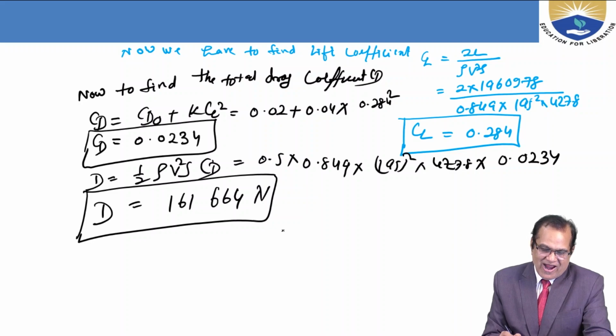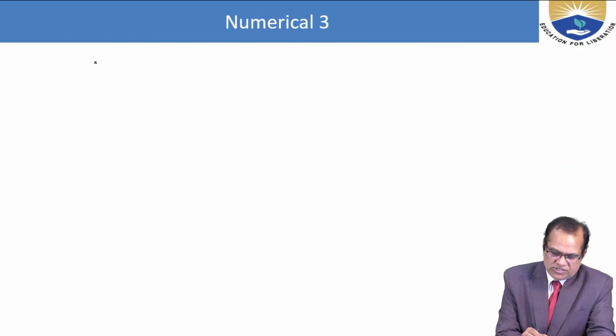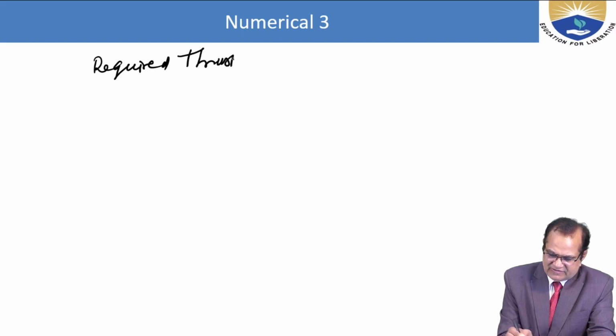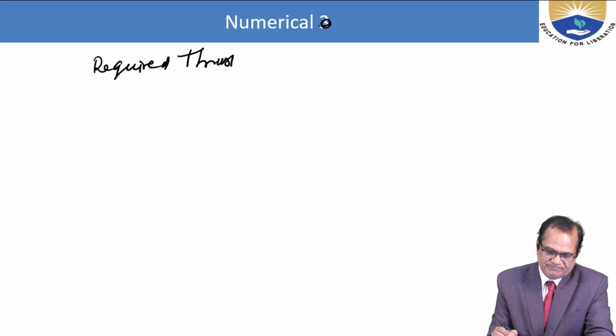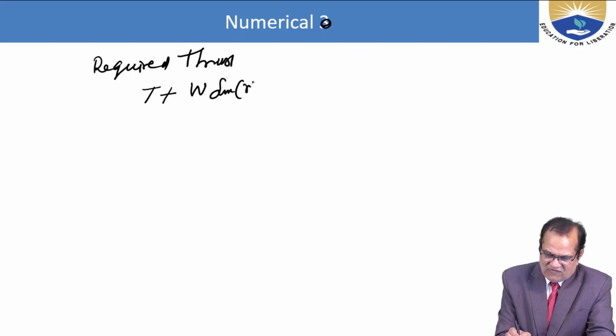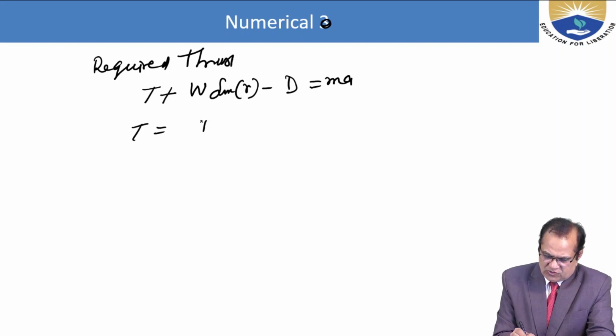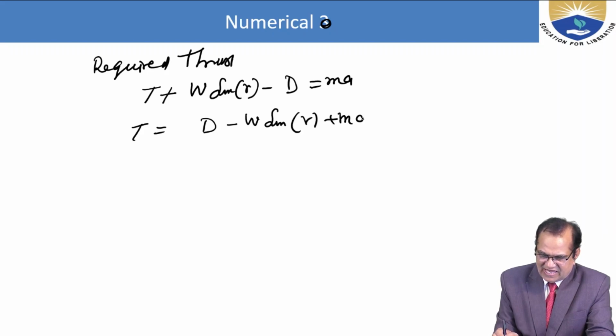Now this required thrust we have to find out. So we know that for the descent flights, T plus W sine of gamma minus D is equal to MA. So T is equal to D minus W sine gamma plus MAx in x direction.